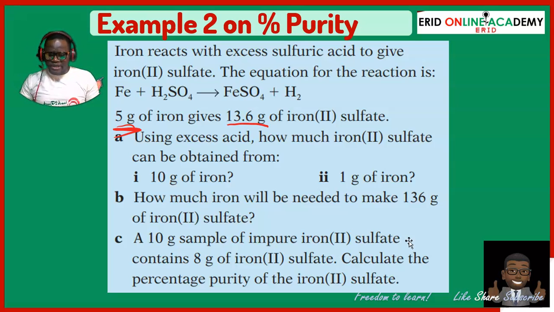The third question says a 10 gram sample of impure iron sulfate contains 8 grams of iron sulfate. 10 grams of impure sample contains 8 grams of iron sulfate. So we are asked to calculate the percentage purity of the what? Of the iron. Calculate the percentage purity of the iron.